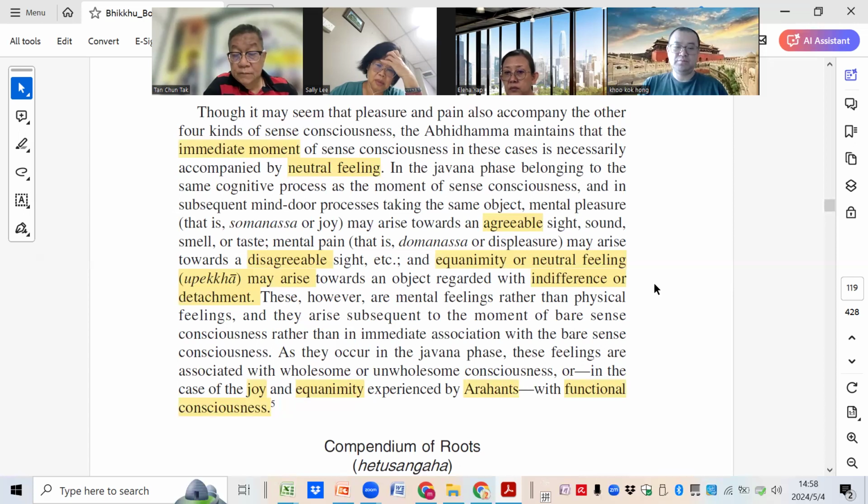Okay, class, let's take a look. Here the whole passage means, in simple language, that even though some object is agreeable, it might end up with an equanimity feeling, because the object is indifferent. Why do we call it agreeable? For example, you smell the durian.